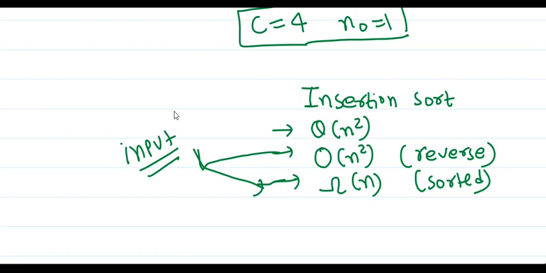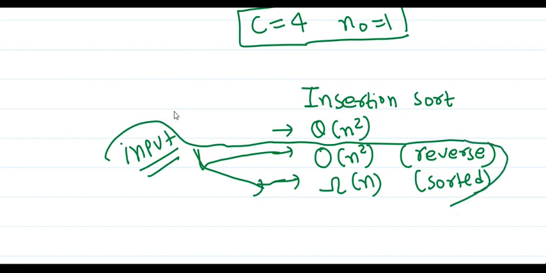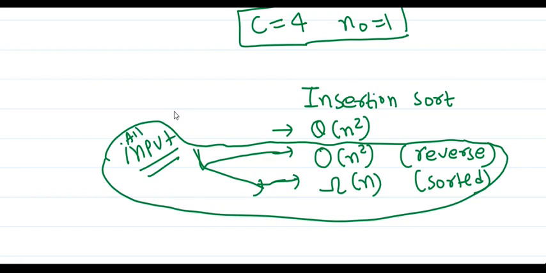So hence we can say that these two notations, big O and big omega, correspond to all the inputs. But if I try to make a similar statement for theta notation, then it's wrong, right?